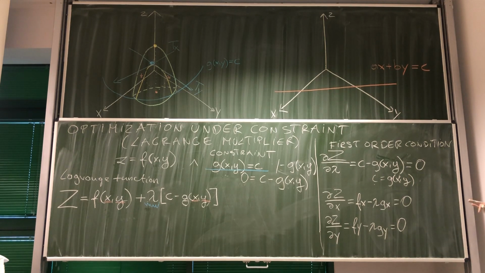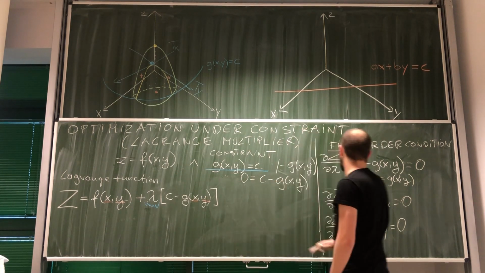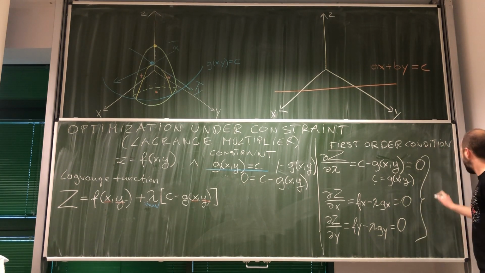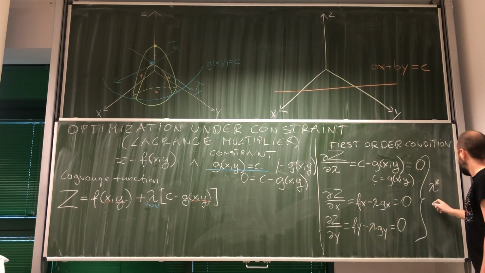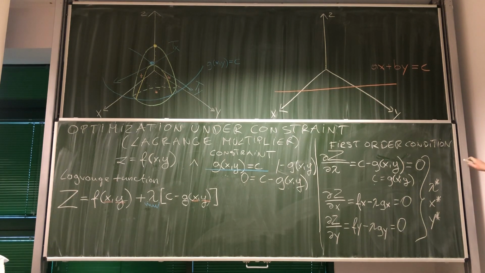And look, out of this, if we would know how this function looks like and this function looks like, we would get a system of 3 simultaneous equations with 3 variables, x, y, and lambda, and we could solve this system for all these 3 variables. And now, if we find these 3 variables, of course, we might have more than one triplet, right?